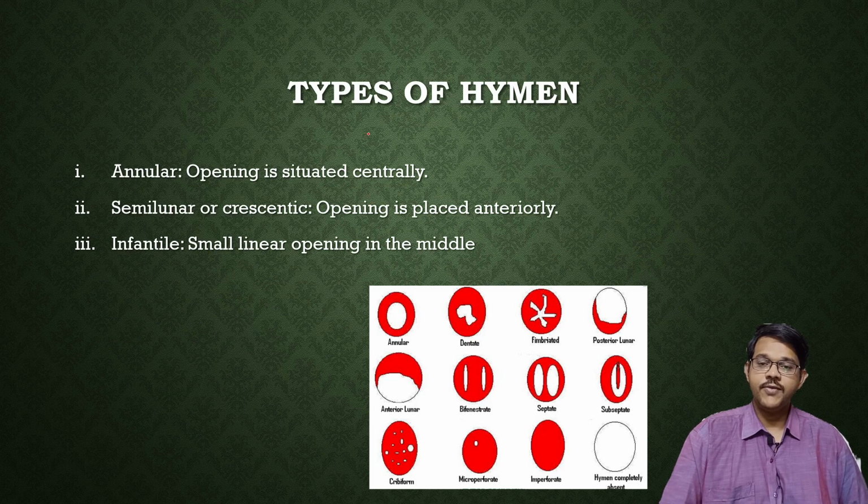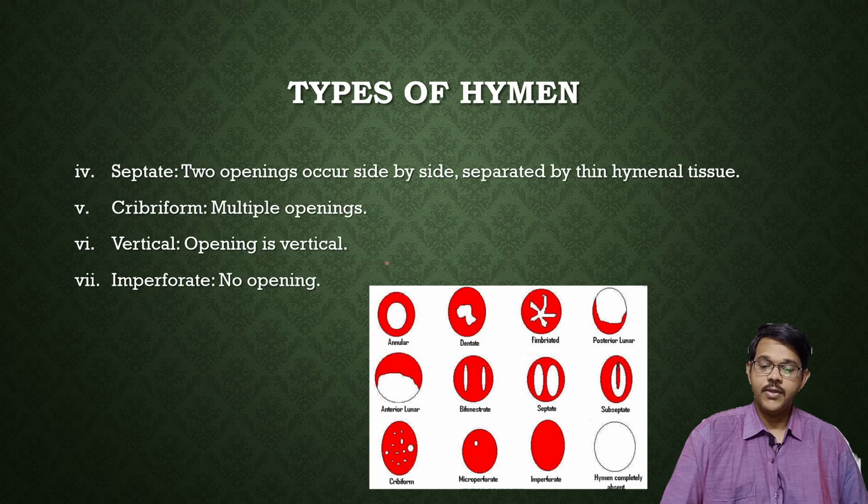Different types of hymen are described based on shape. It may be annular, where the opening is present centrally, or semilunar or crescent shaped, where it is placed anteriorly or posteriorly. Infantile has a small linear opening in the middle. It can be septate, where two openings are separated by thin hymenal tissue.